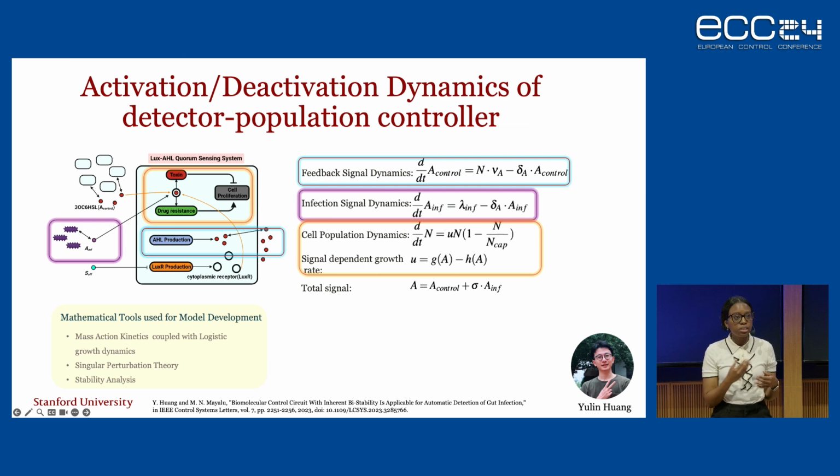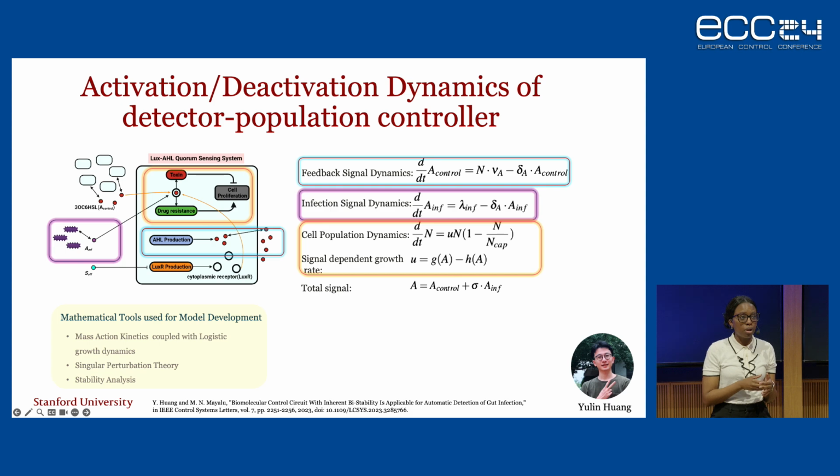The rate of change of the actual infection signal is also modeled here. The infection signal can influence the concentration of the feedback signal, and that's what allows the population behavior to be perturbed.